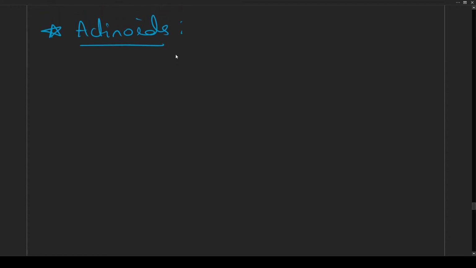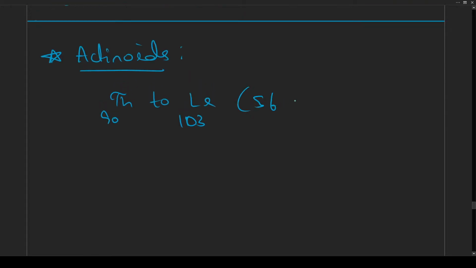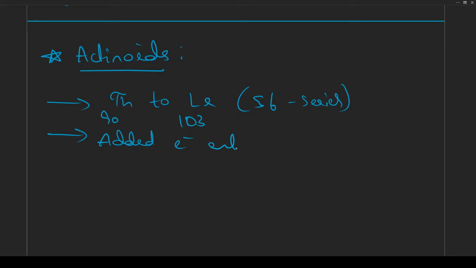Now coming to actinoids. From thorium 90 to lawrencium 103 are actinoids. 5f series, the added electron enters the 5f shell.